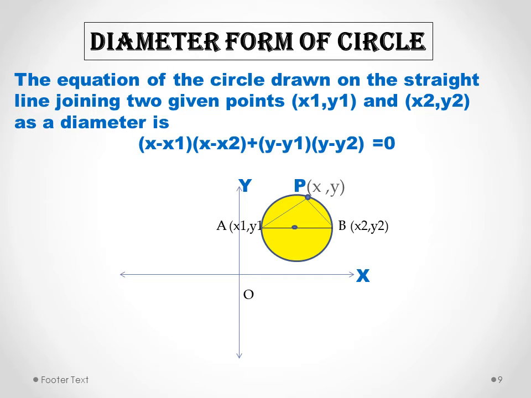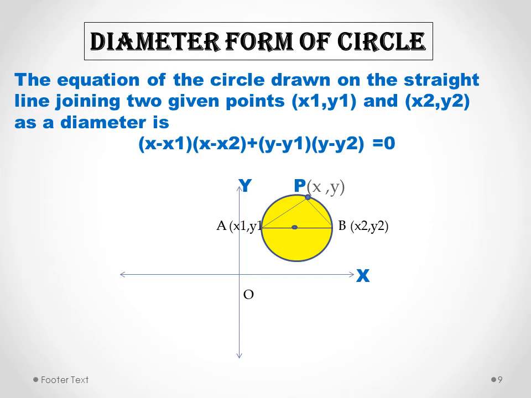This is the general equation. This is the equation of a circle if the straight line given to you is the diameter of the circle. So if it is a diameter, you just have to substitute the points and you can find out the equation of the circle. Just remember this statement.